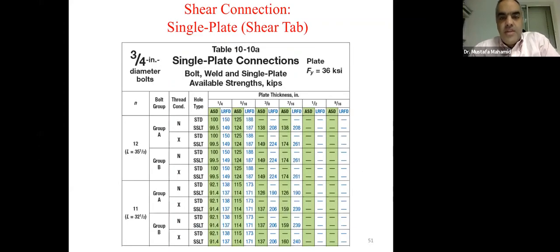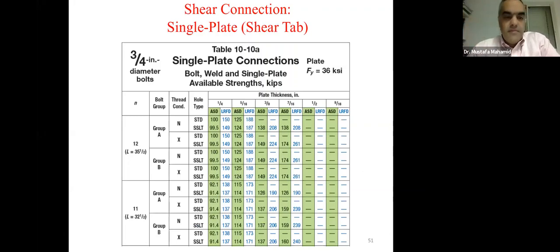Table 10-10A gives the single plate connection capacities that cover the single plate, bolts, and welds for different plate thicknesses and for different weld sizes that are given at the bottom of the table.